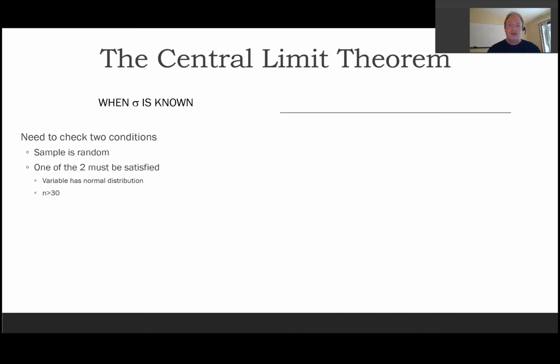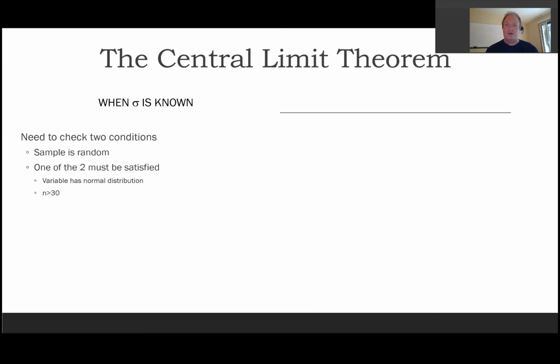Now, these are just rules of thumb as far as sample size goes. This sample size of 30 works well if the data is not strongly skewed. However, if the data is strongly skewed, you have to use a larger sample size. And how large? Well, we're not going to get into that because that deals with more technical details than we want to get ourselves involved with.